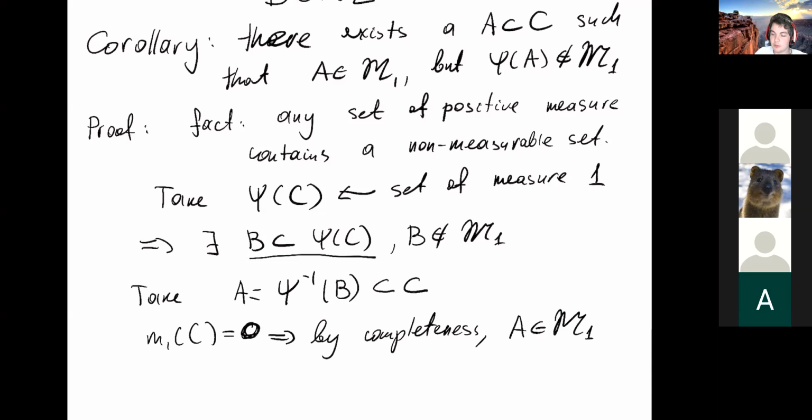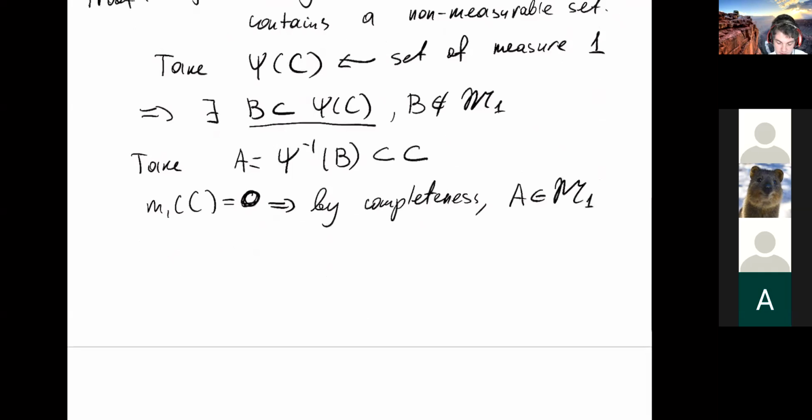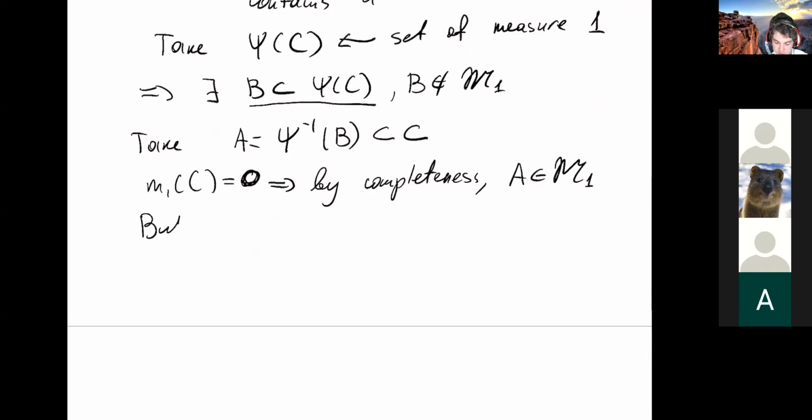We know that our Lebesgue measure is complete, so if we have a subset of C, then it is measurable. But just by our notation, psi of A is equal to B, which is not measurable.